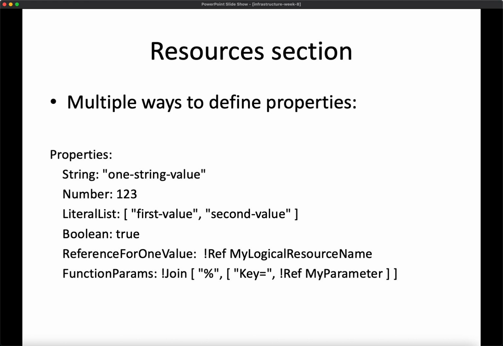And the only way to really understand those is to look at the documentation. Even though I've been using CloudFormation for many, many years and have built literally hundreds of templates, I don't have all these properties memorized. And so when I'm building CloudFormation resources, I'm constantly looking at documentation.